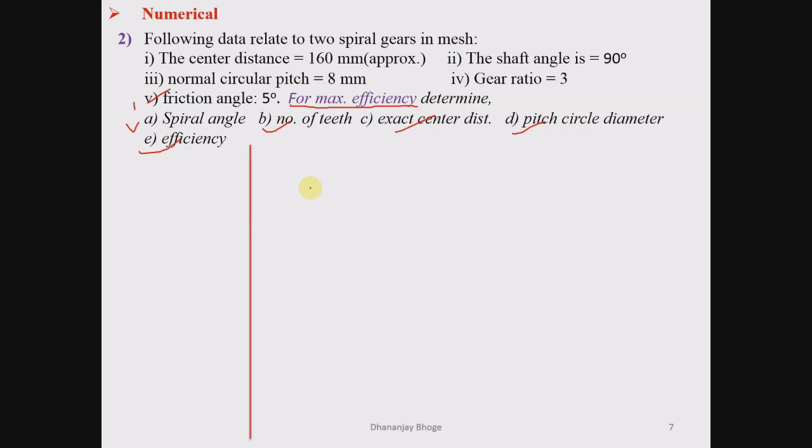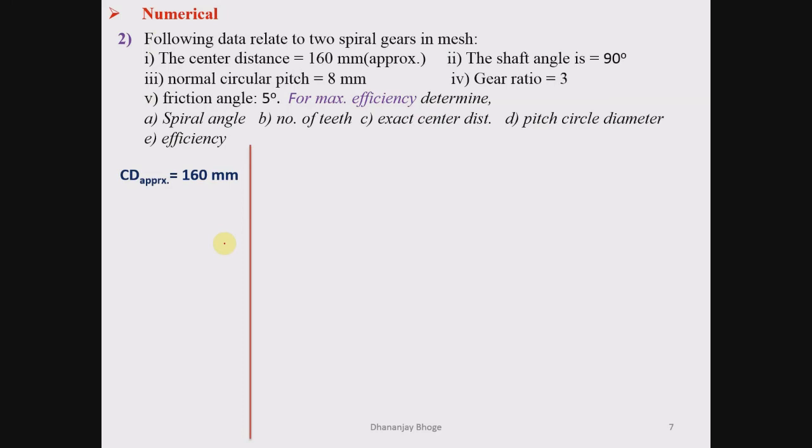Have you written the problem statement? Yes sir. Okay. No sir. Increase the speed. So now we will extract the data. Center distance is 160 millimeters approximately.